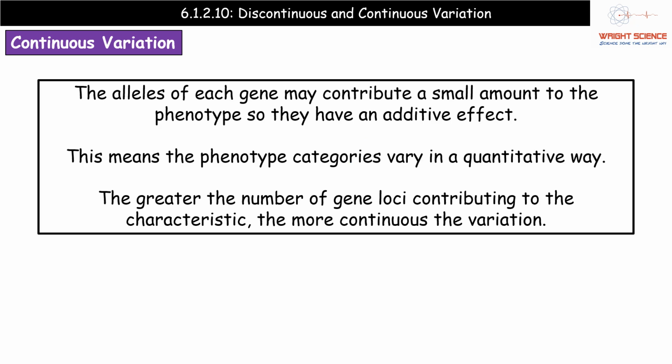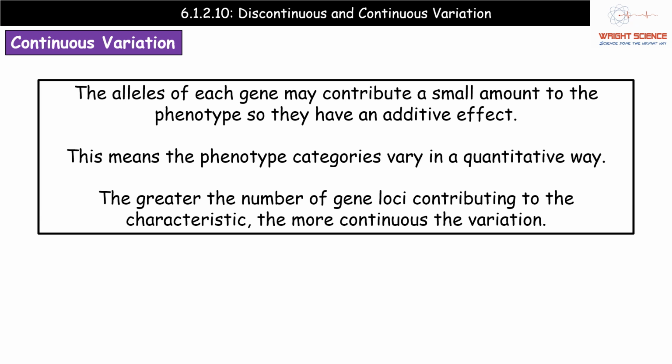Because we've got many genes involved, each gene can contribute a small amount to the phenotype. So what we're really seeing is this additive effect. You get one gene with a particular allele present, and then the next gene that has an influence, that allele will have a little difference, and so on.